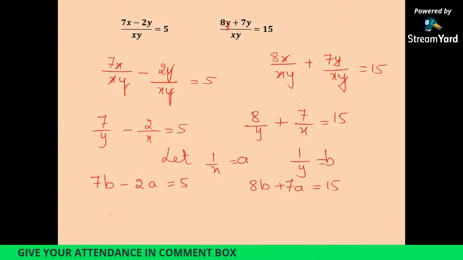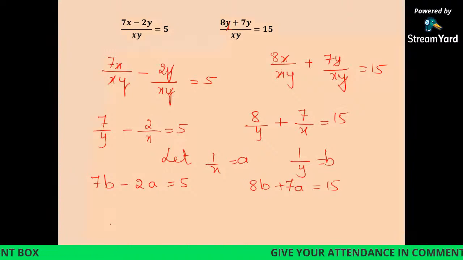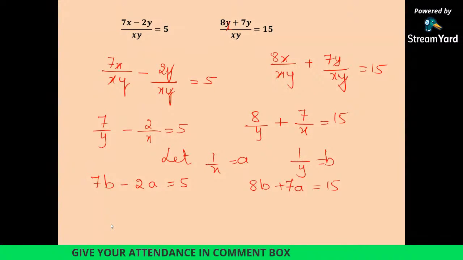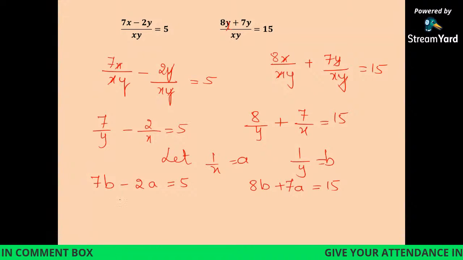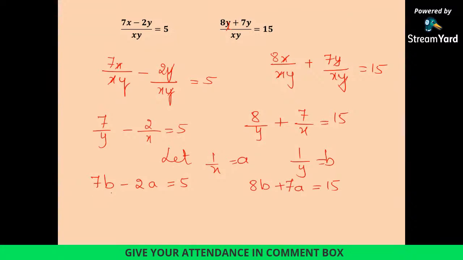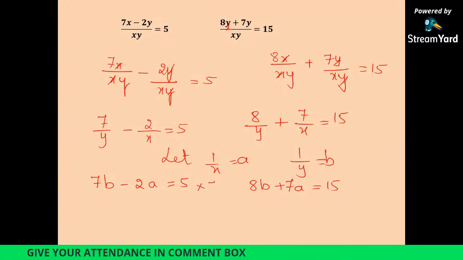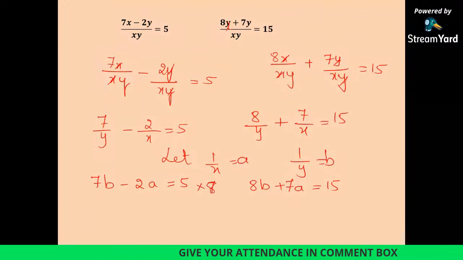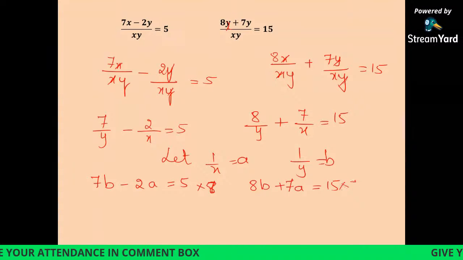Again, our work is to make the equations with the same coefficient. Either any one variable should have the same coefficient. This time, you can select any one. If I take 7 for this equation, for the first equation I am going to select 8 because b has coefficient 8 there, and for the second equation I have 7.